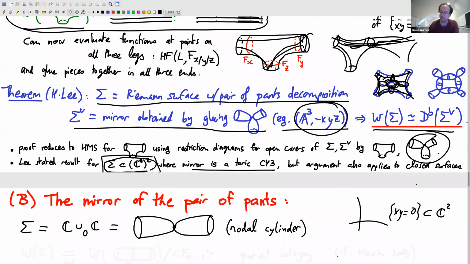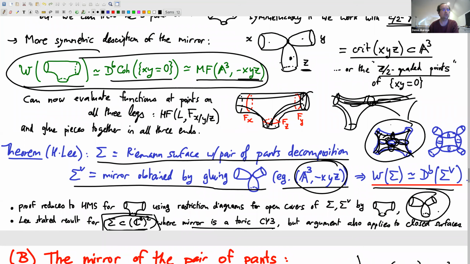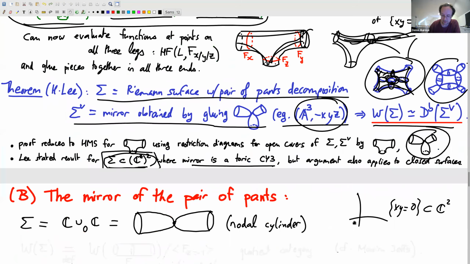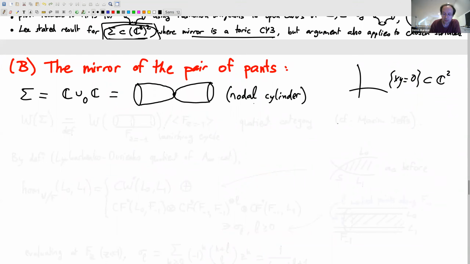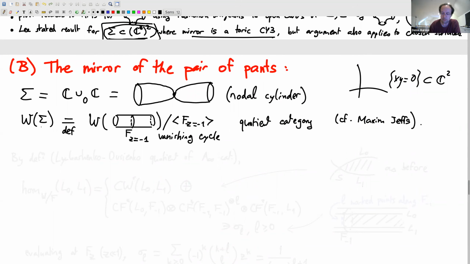Before that, I had on the symplectic side any genus, but on the complex side, just these funny trivalent configurations of P1s and things. And now we need to switch that around. So the Fukaya category of a nodal cylinder, one possible definition explored in the paper of my student Maxime Jeffs, is, well, this is a singular hypersurface.